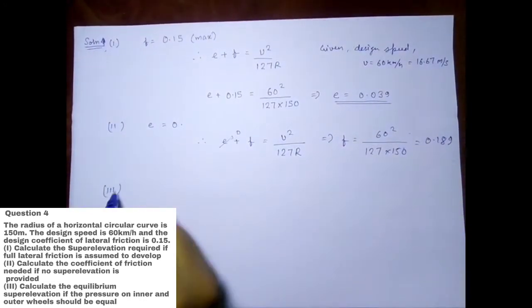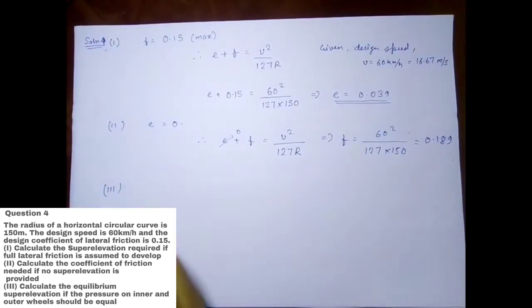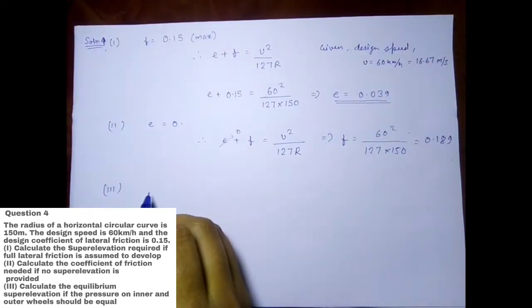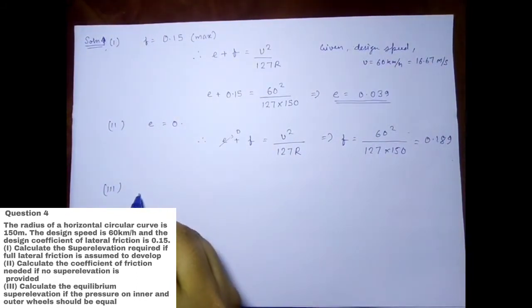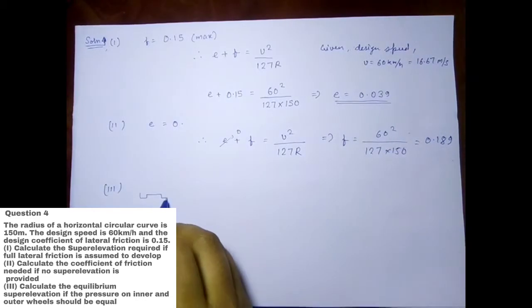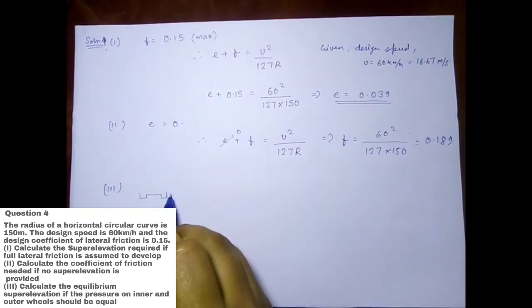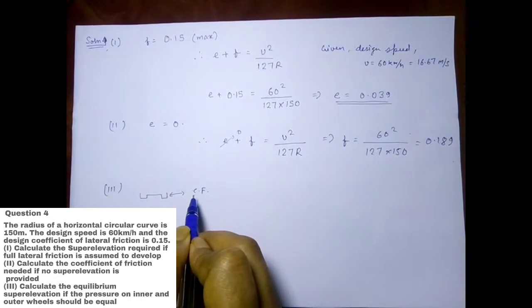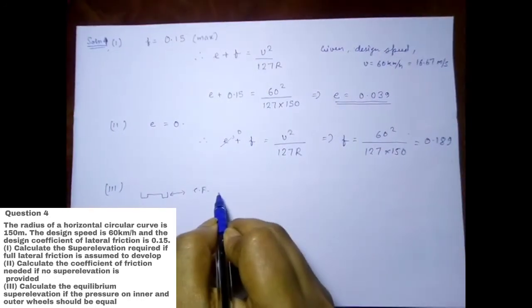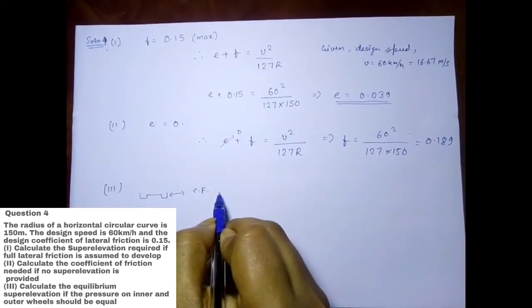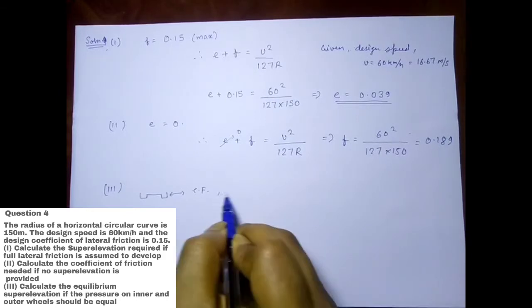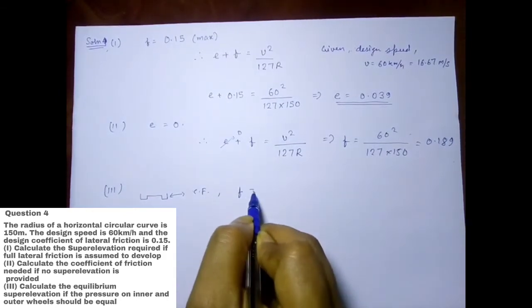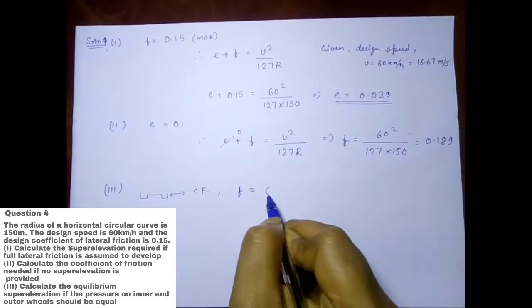In part 3, we see that the pressure on the inner and outer wheels is to be equal. So if the pressure on the inner and outer wheels are equal, they will actually counteract the centrifugal force. And so in that case, if it is counteracting the centrifugal force, then we shall consider that the lateral friction is 0.